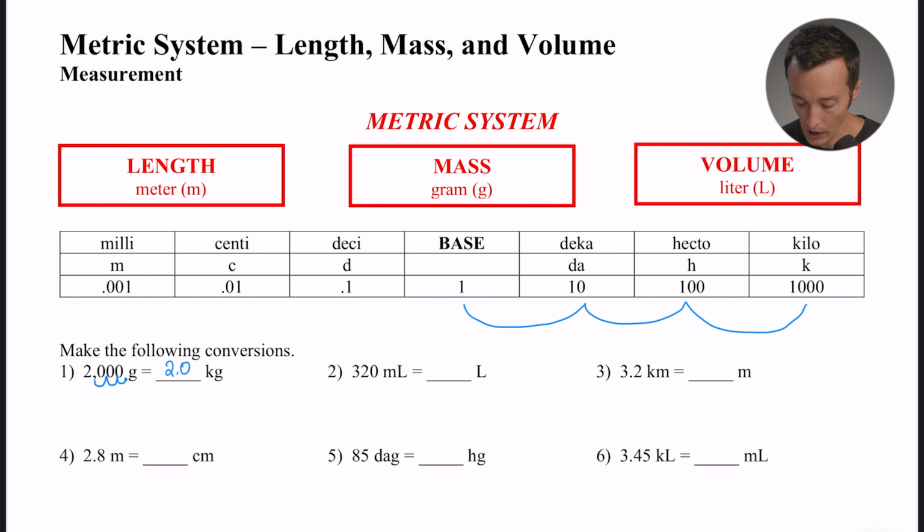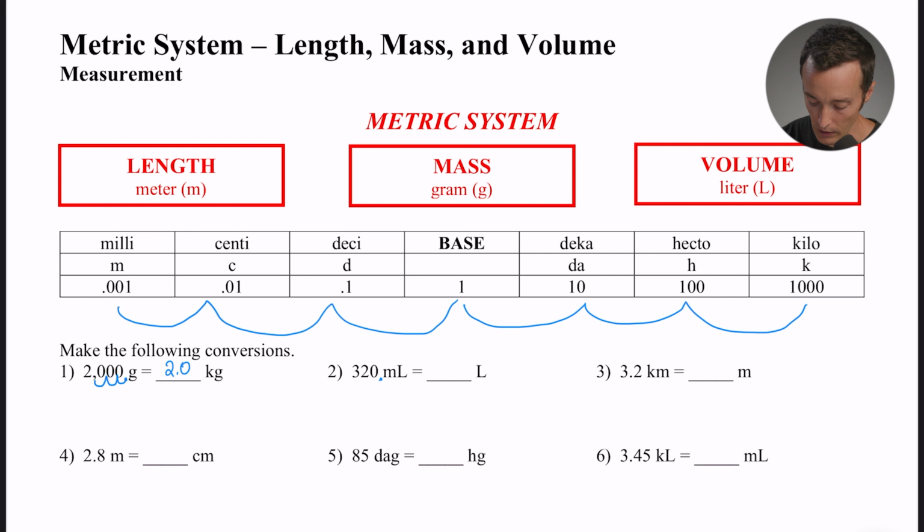Let's try another one. 320 milliliters equals how many liters? Starting off at milliliters and counting to the base unit of liters, I would be starting here, and I'd go 1, 2, 3 places to the right. So now all you have to do is move your decimal point 3 places to the left. It was right there.